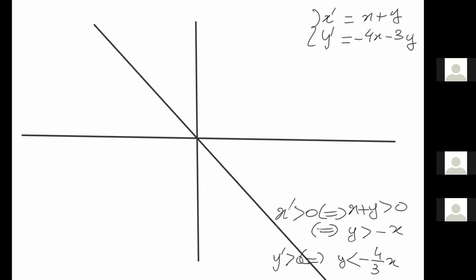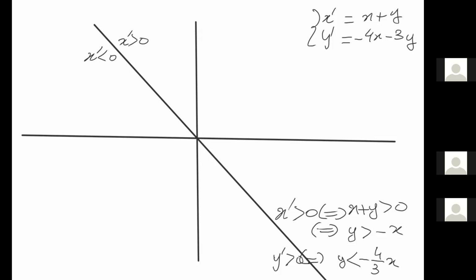So here I have x prime greater than 0, and here x prime negative.